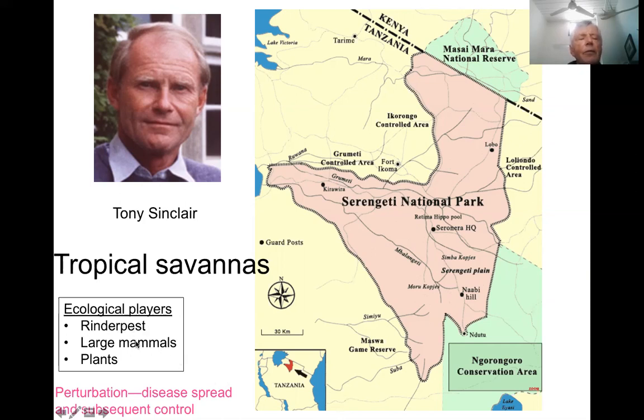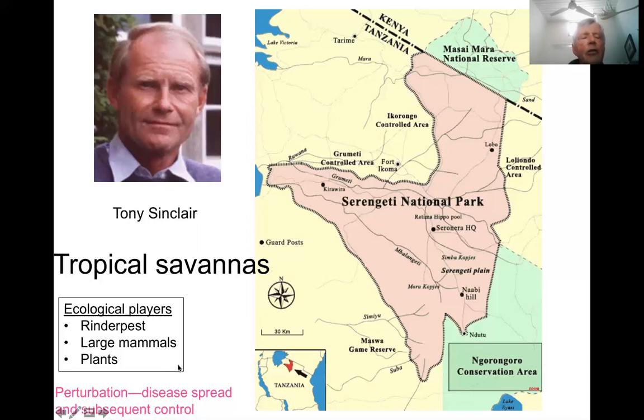Rinderpest is a very effective disease in killing and limiting bovids, which are cattle-like animals in the family Bovidae that the cows are in, which includes most of the large African mammals. It includes buffalo, it includes wildebeest, which are the two really dominant mammals in the system that Tony worked in.